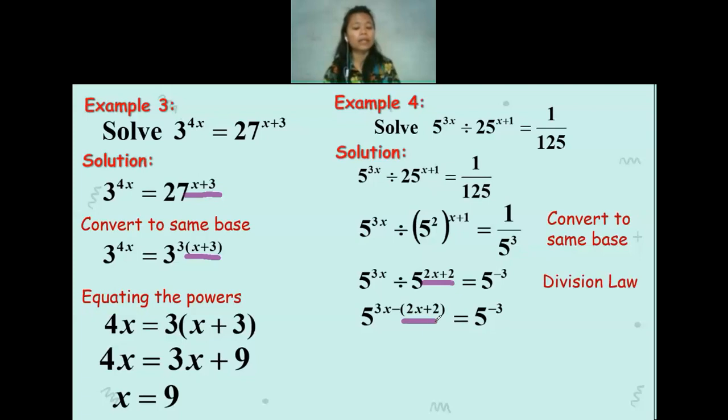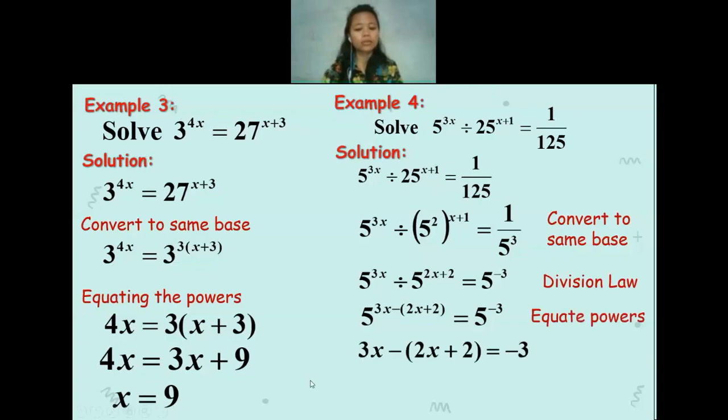Now I have 2x plus 2, I have to put it inside the bracket also. So later on, I will have no silly mistakes. Index law: when it is division, we always have to subtract the powers. Now the base is already the same, so we can simplify the power first, that is also fine, or you can directly cancel the power.